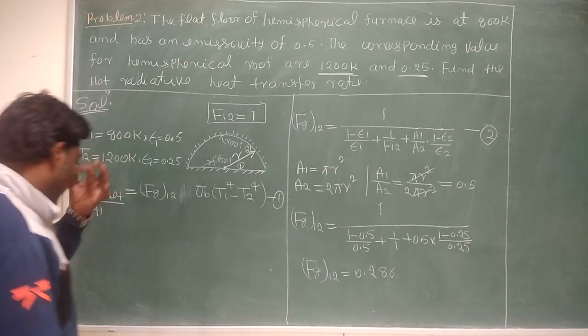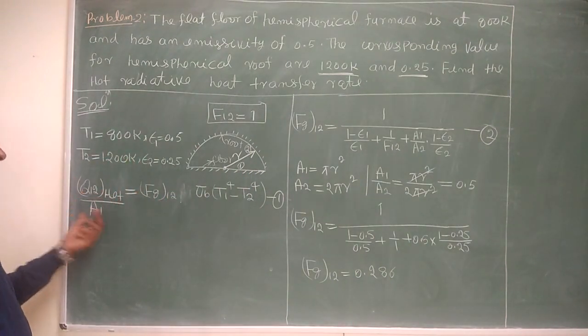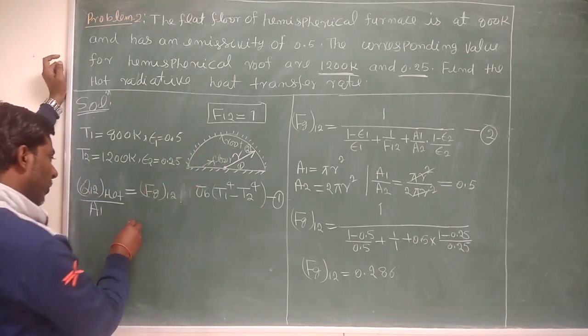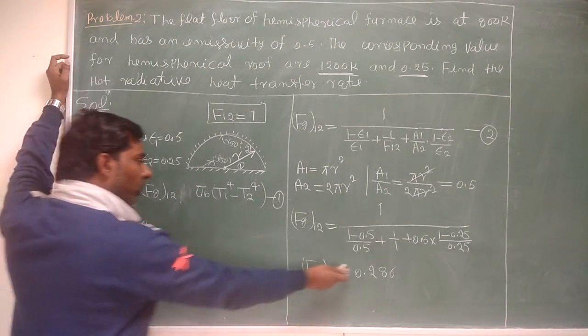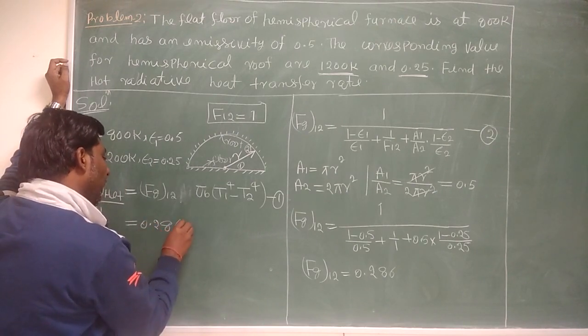So the gray body factor between 1 and 2 is 0.286. Now that formula number 1 can be applied to get the net heat transfer rate per unit area of the flat floor. Let us put all the values. This is 0.286 into sigma b.